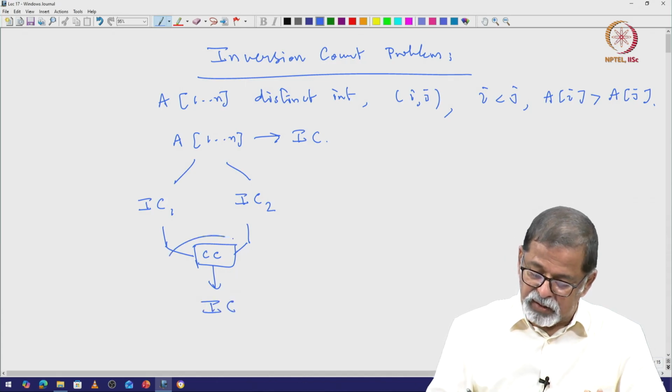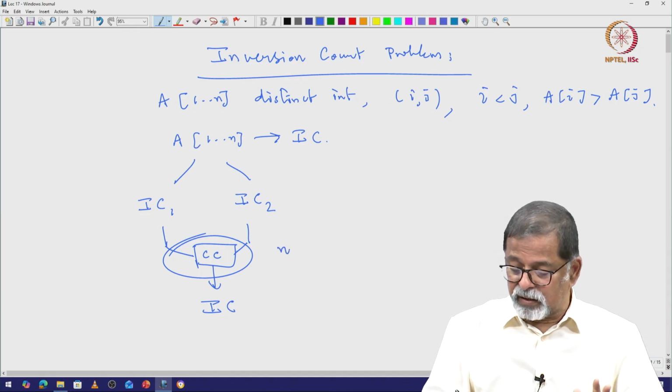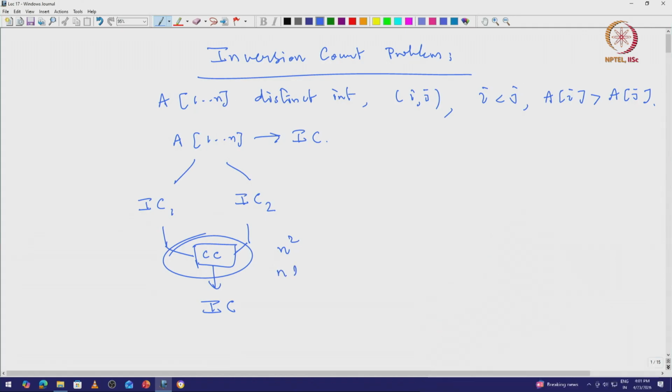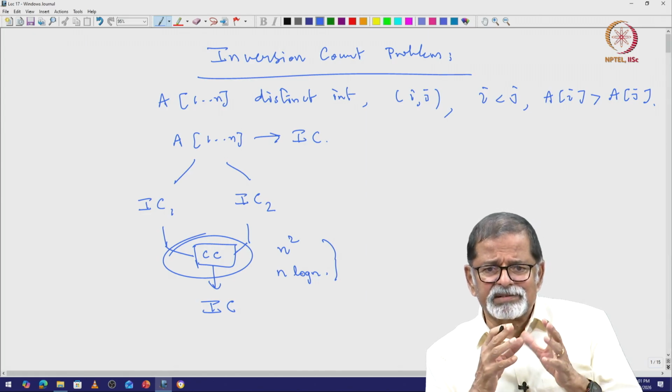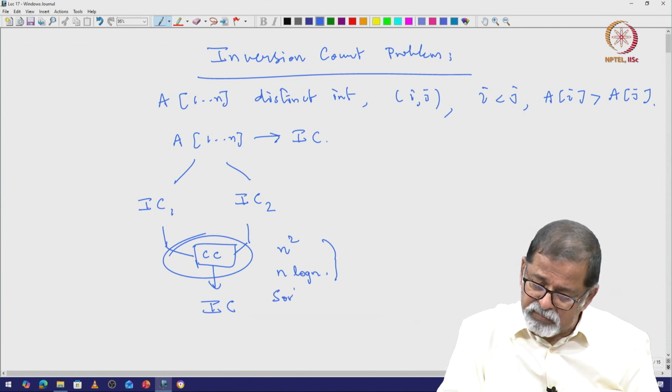The cross counting took in a naive way order n square, and then after sorting it became n log n. So, the combining cost is more, and the costlier step there is sorting, that n log n step.